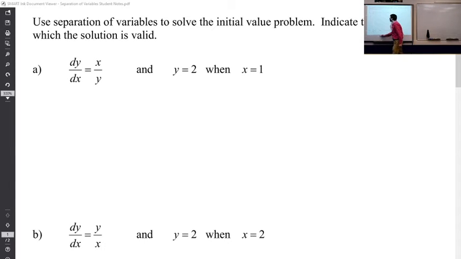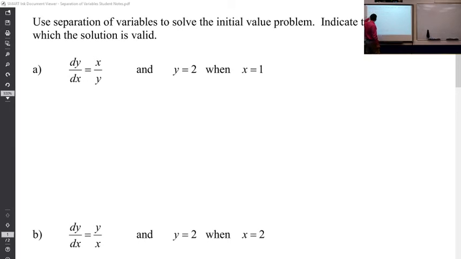So first off, use separation of variables to solve the initial value problem. The first thing we're going to do in separation of variables is we're going to separate the variables. I know. We're going to separate the variables. So that means everything with x is going to go on the right side, and everything with y is going to go on the left side.